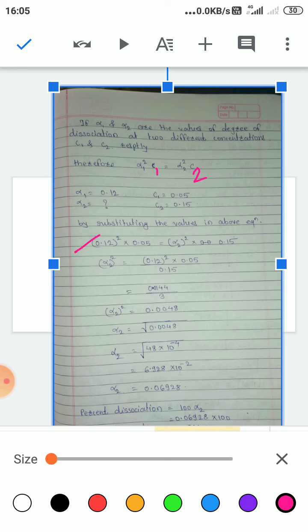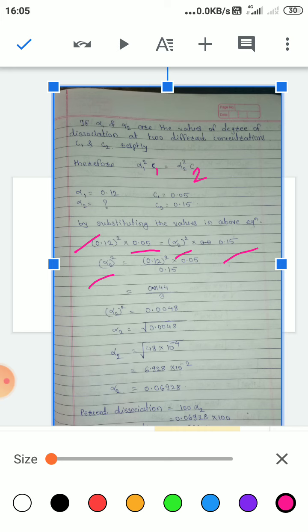We will get the equation like this: 0.12 square into 0.05 is equal to alpha 2 square into 0.15. So rearrange the equation to calculate the value of alpha 2 square, or degree of dissociation of the second solution squared, is equal to 0.12 square into 0.05 divided by 0.15.